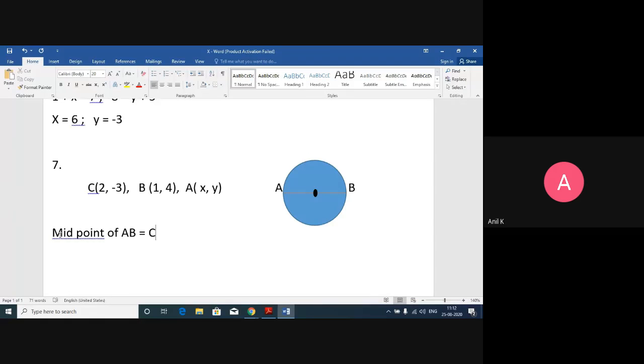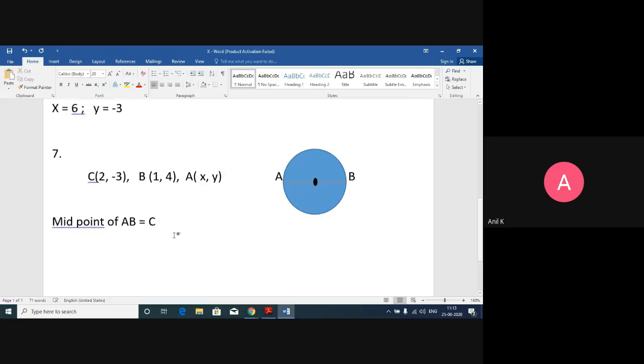So hence C is the midpoint. If distances are equal from a particular point, then it lies on the same line, the AB line. The center also lies on the same line because AB is a diameter. Diameter passes through the center. So C lies on AB and CB equals CA. That means C is the midpoint. So midpoint of AB equals C.